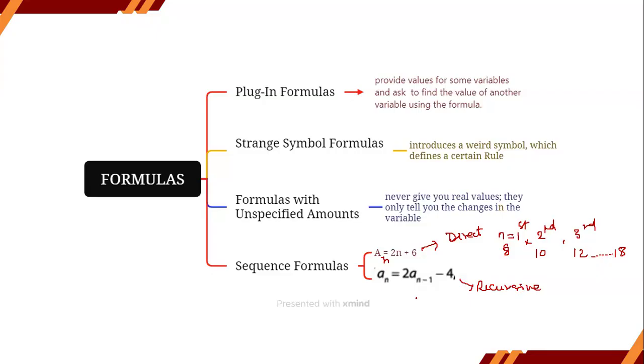That means unless they provide a particular term, you may not get the sequence of numbers as you got over here. You were able to get it without knowing a particular term in the sequence. But here, unless they give you at least one term, you will not be able to find the sequence of terms.